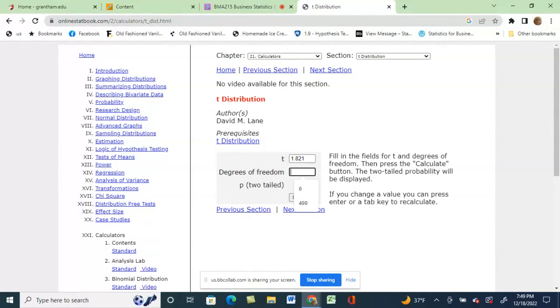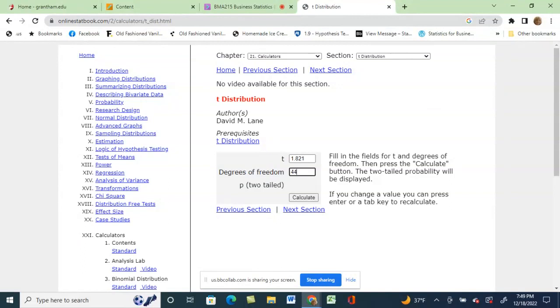Degrees of freedom is n minus 1. So with the t, we need degrees of freedom, just like with the confidence intervals. I made a short video so that you understand what a degree of freedom is, and I sent that out in an announcement. But we do n minus 1. So we had 45 in our example, so we're going to use 44 degrees of freedom.